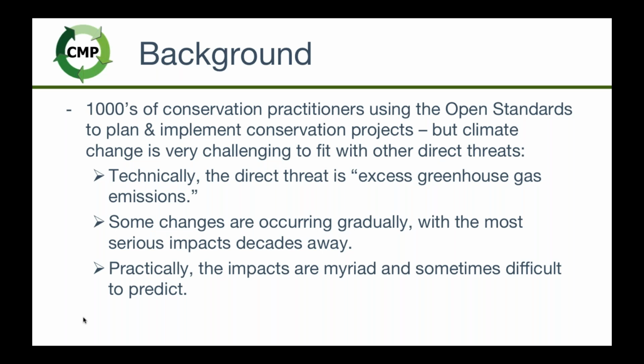Technically the direct threat of climate change is excess greenhouse gas emissions. Some changes are occurring gradually. We will not see the most serious impacts for decades. In many cases, there are multiple potential impacts, and they're often difficult to predict.